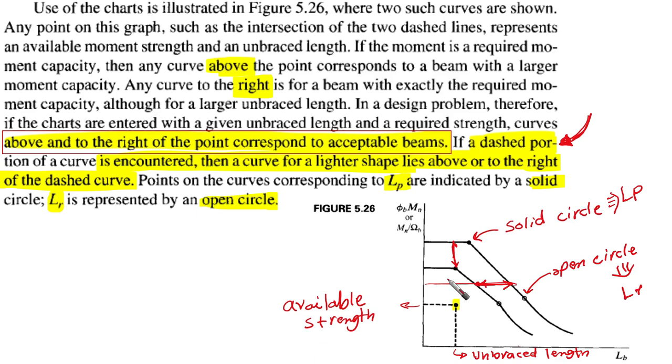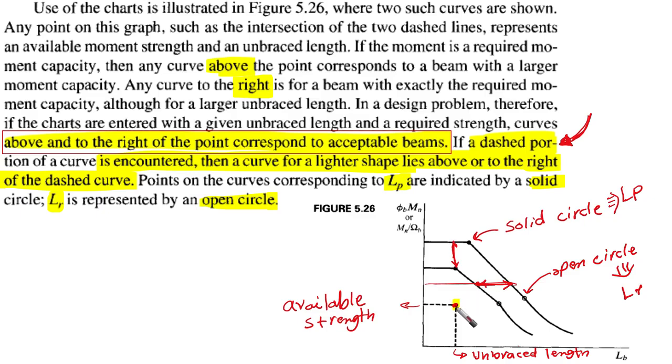Okay, there is another thing. Whenever you are entering the graph, you need to know how your curve is going to be sufficient for the required strength and the unbraced length that you are having. So assume that you have a required strength, represented here by the horizontal dashed line, and you have an unbraced length, which is represented by this vertical dashed line, and this dot is the required cross-section.